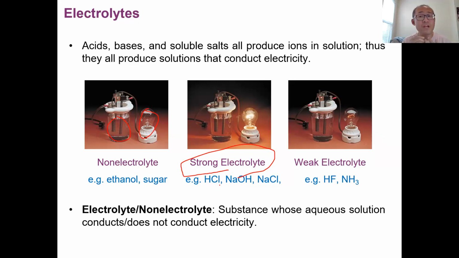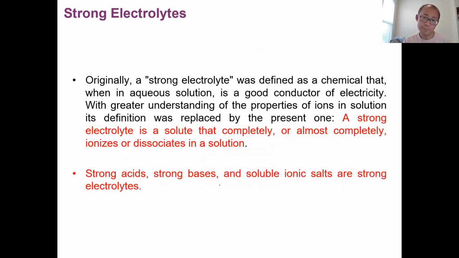And because we know why some compounds conduct electricity, why some weakly conduct electricity, why some don't, we have a newer definition of electrolytes. Electrolytes, especially strong electrolytes, are chemicals in aqueous solution that completely dissociate into ions, or almost completely dissociate or ionize into ions. If that's the case, they are good conductors of electricity, and we call them strong electrolytes.